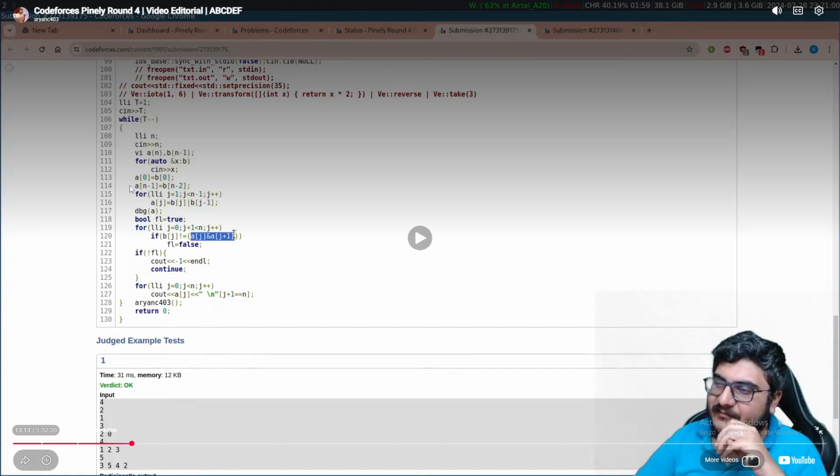So let's see. They're making the last elements equal to each other. Now they're going to be doing AJ is B. Now I'm just going to do this on my own and see how the output comes out.